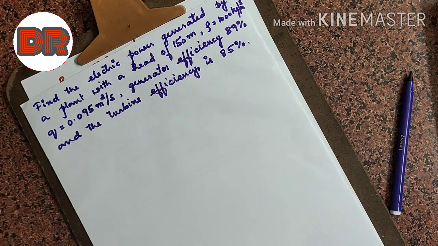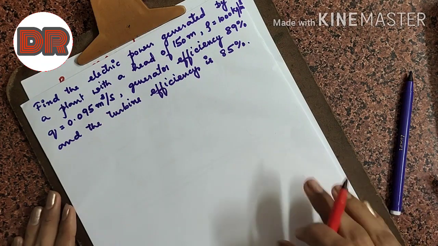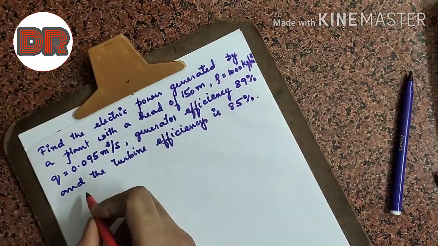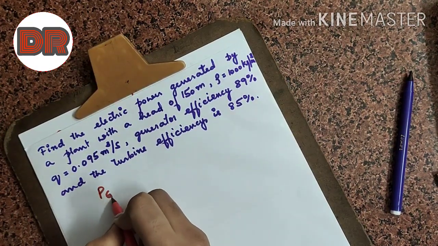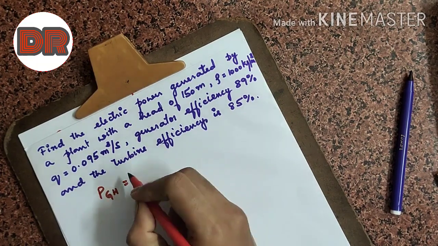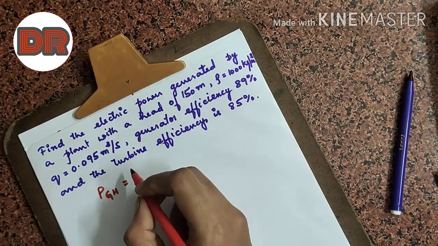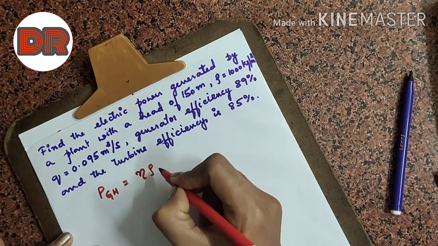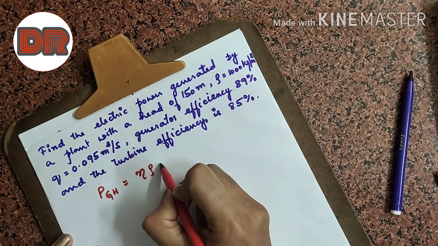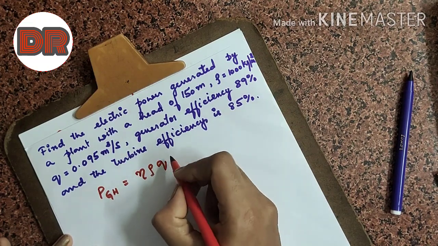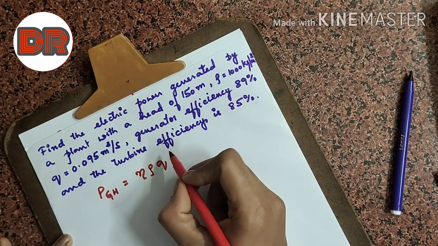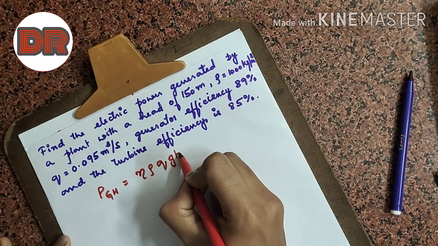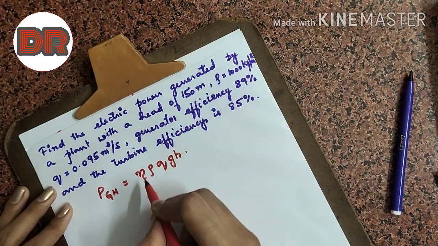So let us take a simple example for the calculation of electric power generated. The equation for electric power generated from a hydropower plant is PGH equals efficiency, rho the density of water, Q the water flow, G the acceleration due to gravity, and H the head.